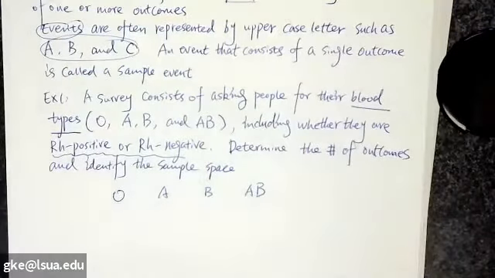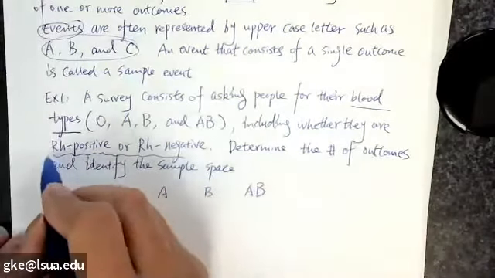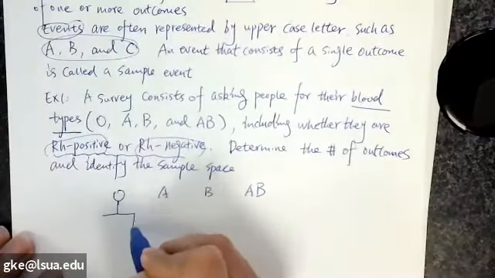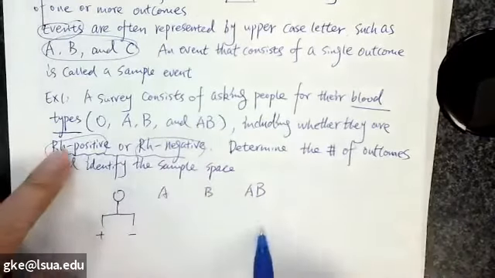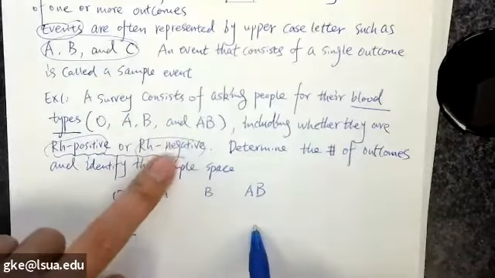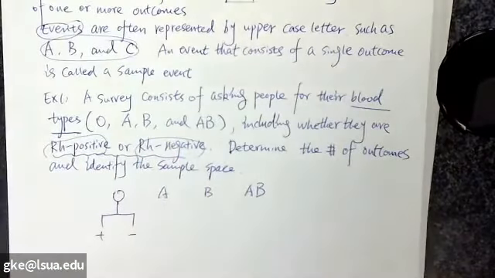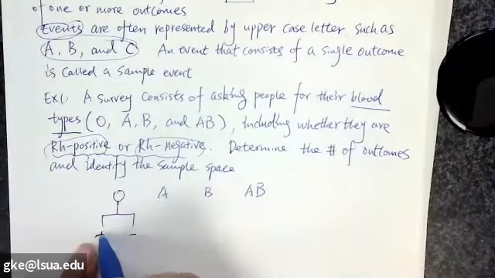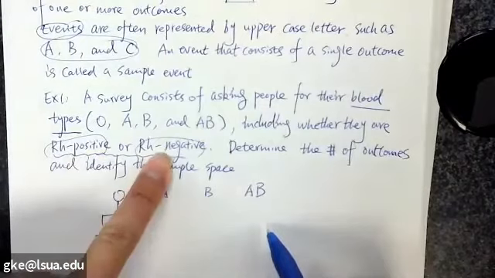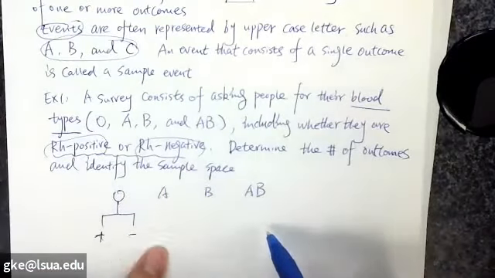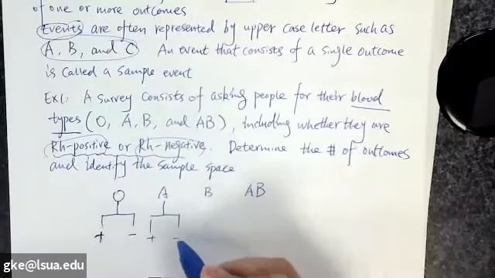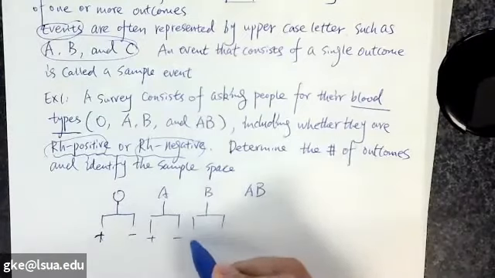And for each blood type, we have two cases, RH positive and RH negative. I use plus to represent positive and minus to represent negative. For A we still have positive, negative, and for B we have positive, negative.